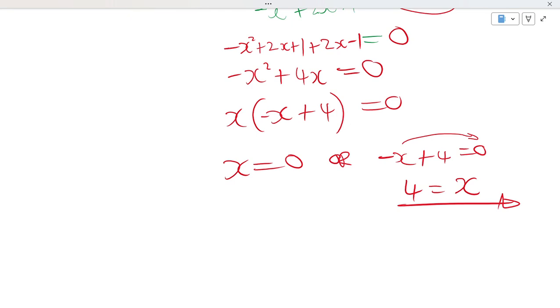So you have two values. You have x is equal to 0 and x is equal to 4.